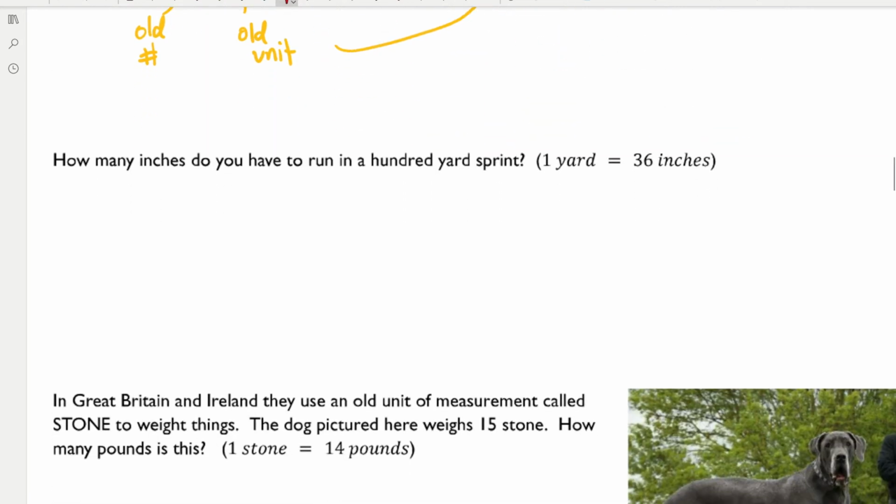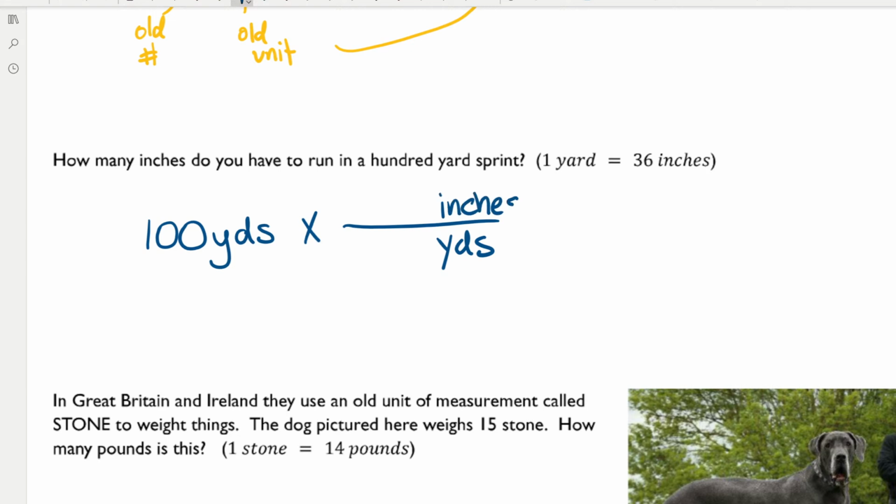How many inches in a 100-yard sprint? Well, that's easy. There's 100 yards we're going. But we don't want to talk about yards, so we're going to put that on the bottom of this fraction. And we do want to talk about inches. And then we can say 1 yard is equal to 36 inches.